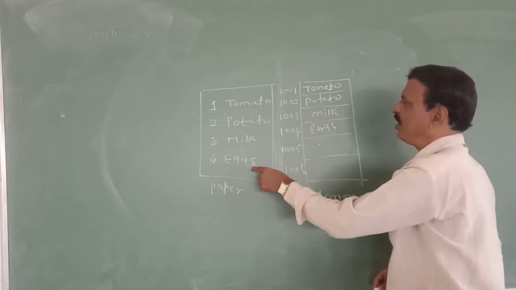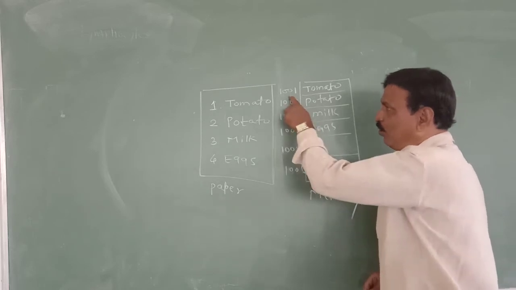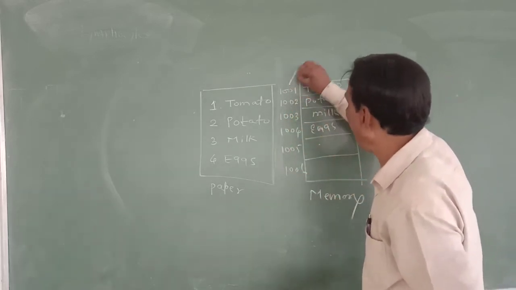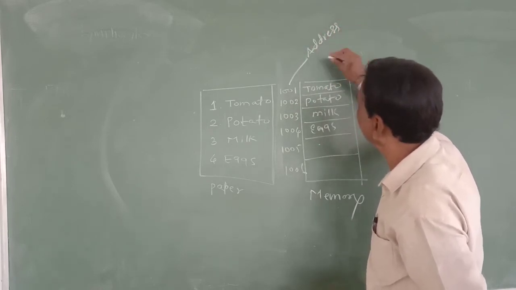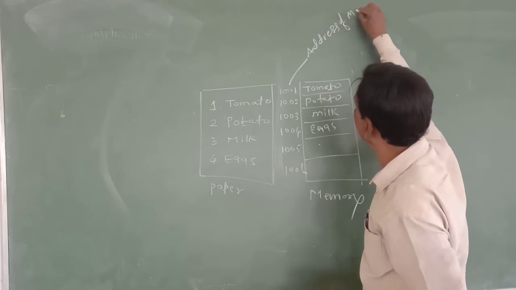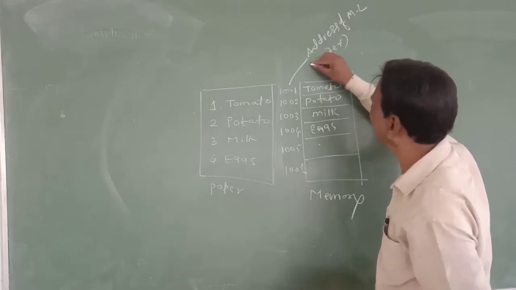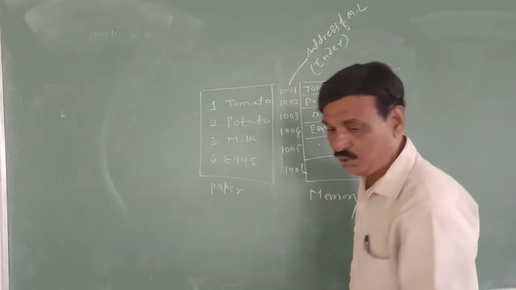All these elements are stored in contiguous memory locations, and memory locations already have addresses. That's why the address of the memory location will become the index, and we can use the list.